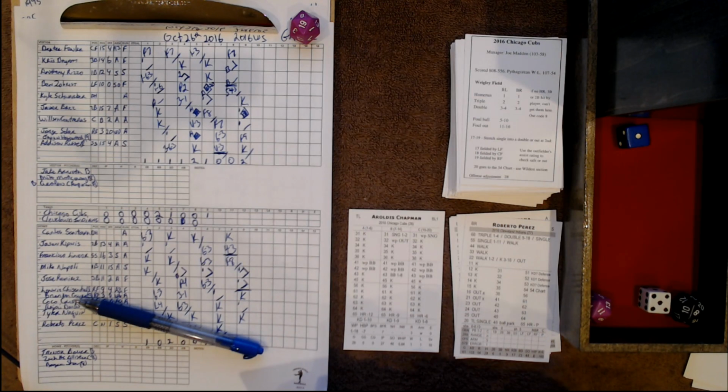I made that defensive substitution for Cleveland. It's not like I'm ignoring Chicago. We got to, I think we're kind of out of choices here.